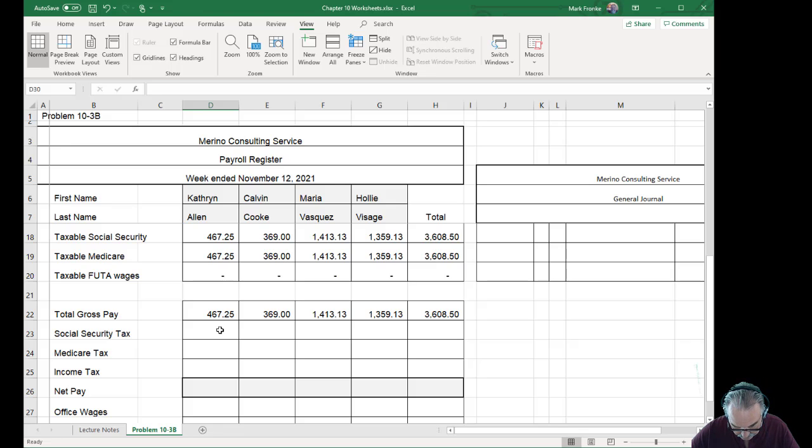So Social Security tax is the wages times 6.2%. So if I take gross pay times 0.062, I'm going to get the Social Security tax for Catherine, and then Medicare is at 1.45%.